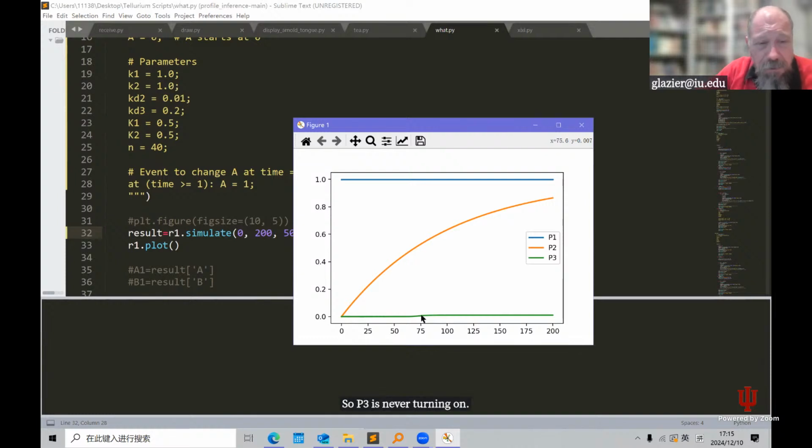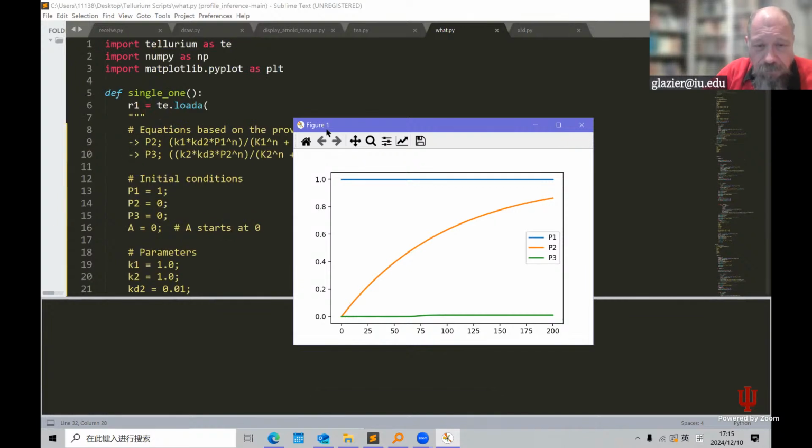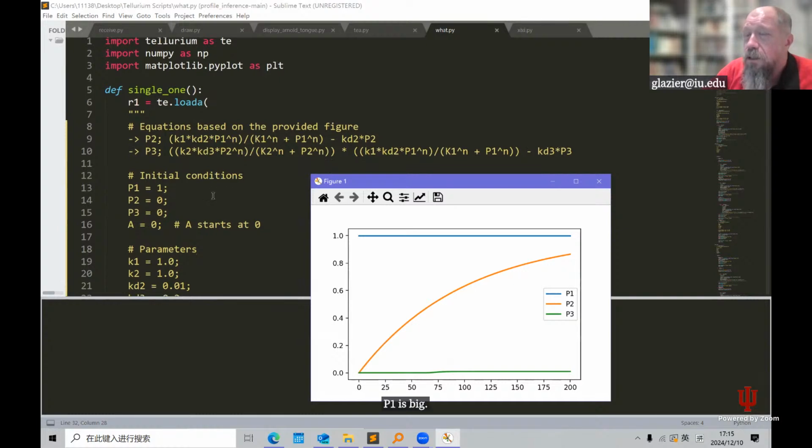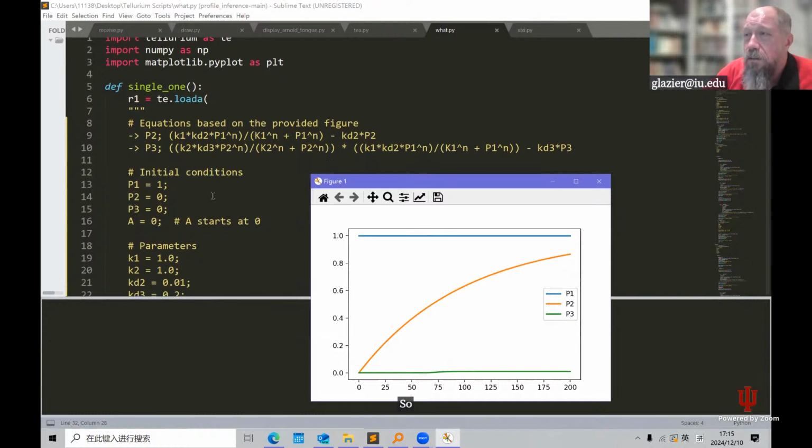So let's see what the rules are for P3. P1 is big, so P1 should be turning on P3 directly.